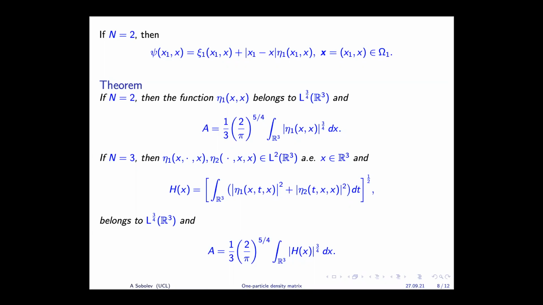I'm not going to go back to the previous, maybe two previous slides, but this formula follows from the Birman-Solomyak formula. This is exactly what they wrote. 3/4 is exactly one of it is P. This is the parameter P, 3/4.